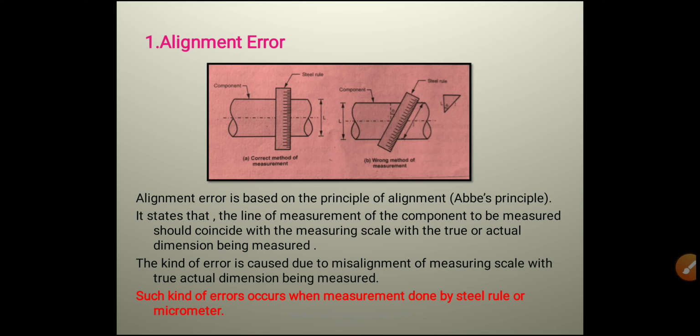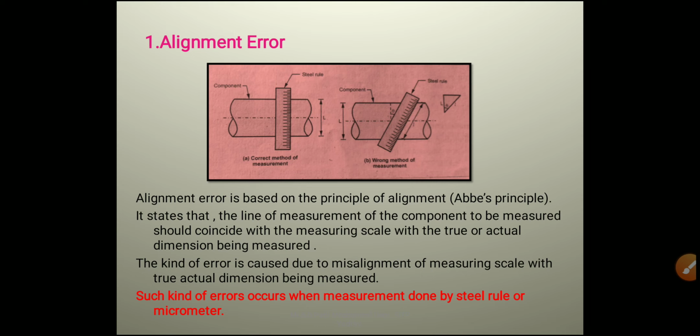Coming to the first systematic error, the alignment error, let us see the image of an alignment error. Alignment error is based on the principle of alignment, also called Abbe's principle. It states that the line of measurement of the component to be measured should coincide with the measuring scale with the true or actual dimension being measured.